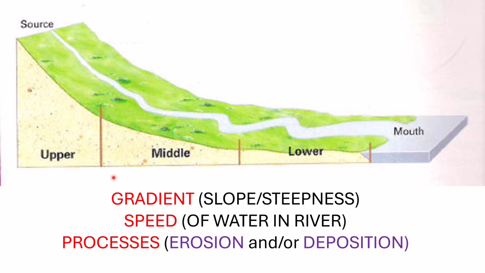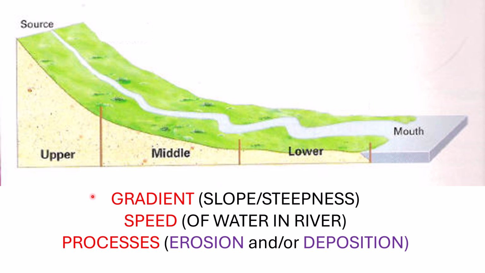In dealing with the different parts of the river and its flow from source to mouth, it is important to pay attention and be able to describe the gradient or the slope of the land over which the river flows.